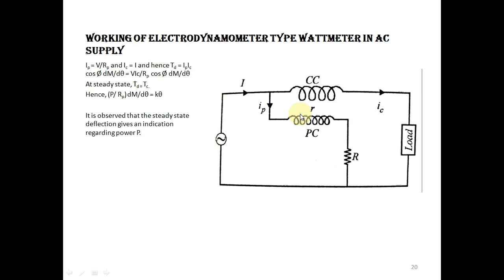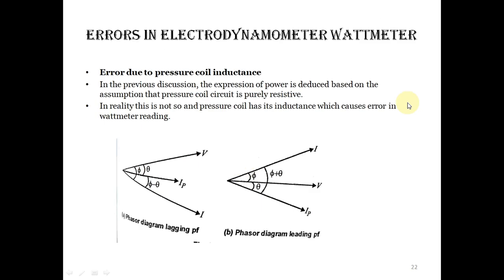But when some inductance is there, IP and V are not cophasal. You see, between IP and V, some angle theta is there, and due to this, instead of phi, our actual angle becomes phi minus theta. For a lagging load; and for a leading load, you replace theta by minus theta, so it becomes phi plus theta. Okay.